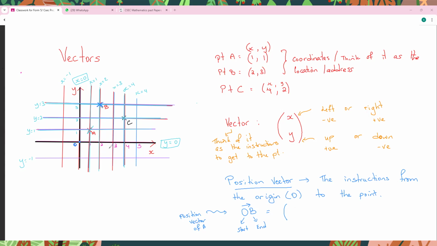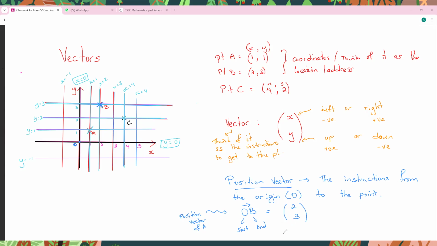We move to the right, which means it's going to be positive 2. And we had to move up, so the Y value of the vector will be 3. We had to move 3 places up. So as a position vector, OB will be (2, 3).